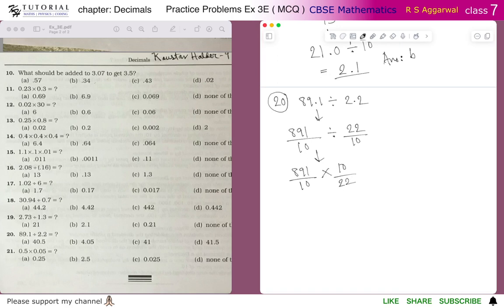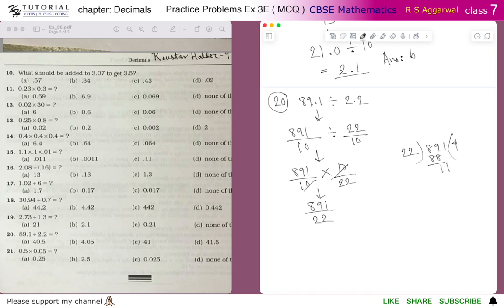Now 10 gets cancelled out, and so this becomes 891 by 22, and we have to convert this to a decimal number by doing division. 891 divided by 22, so 4, 88, 11.